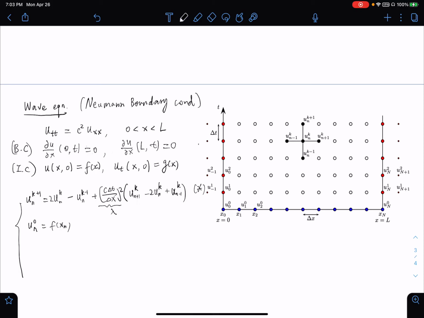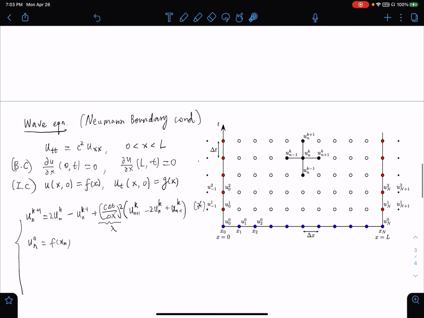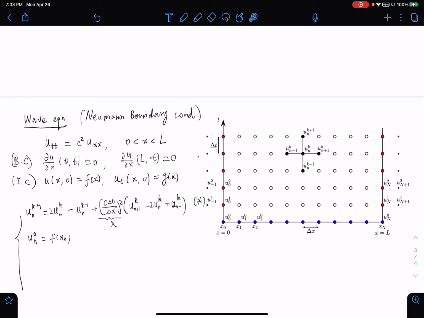And we also have this initial condition, which would generate a similar recursion formula for the points at the first time step with respect to the points at time step 0.